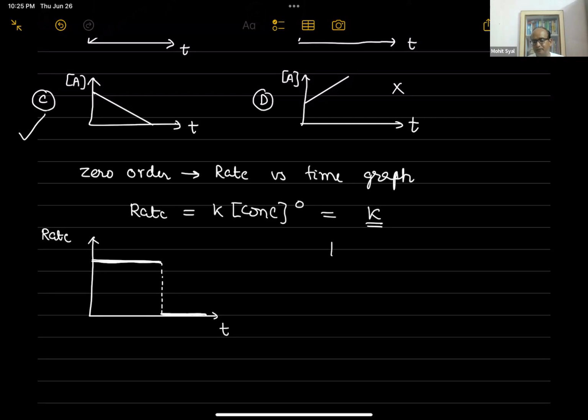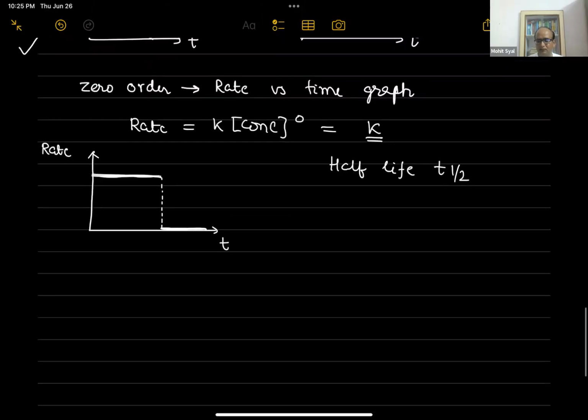Half-life is the time for 50% completion, and 50% completion depends upon the initial amount.